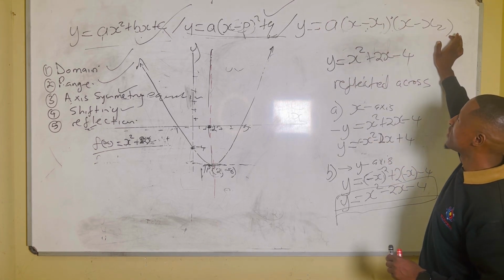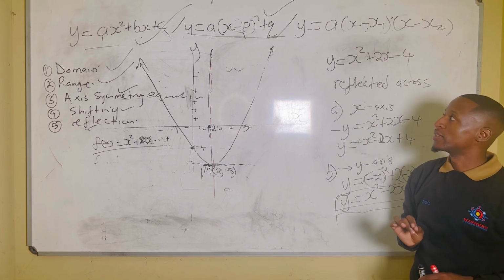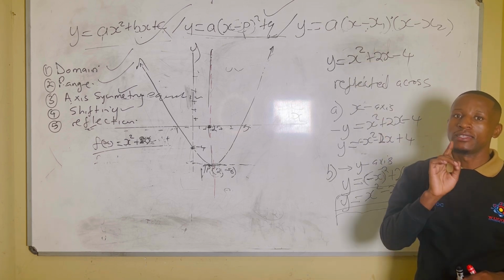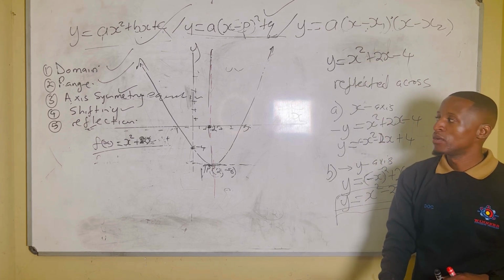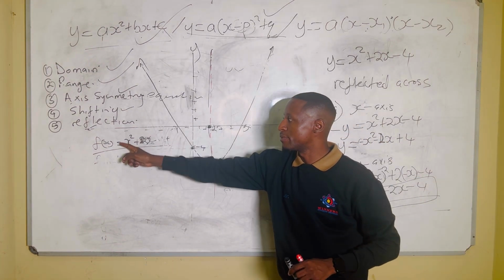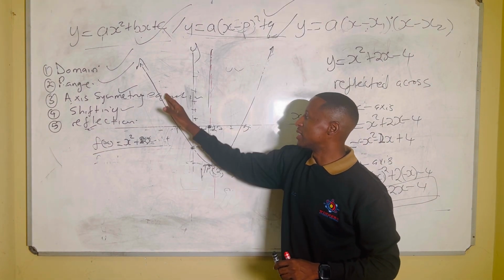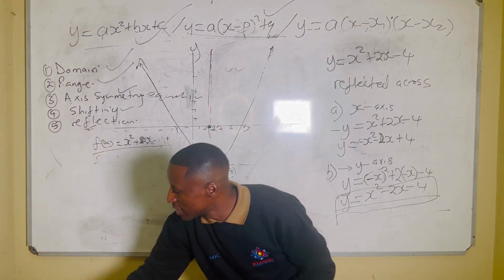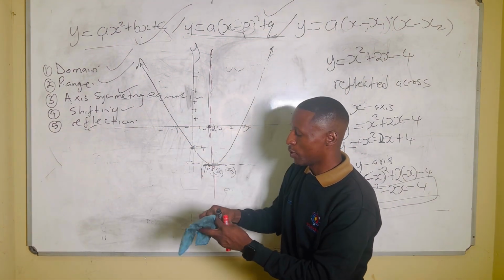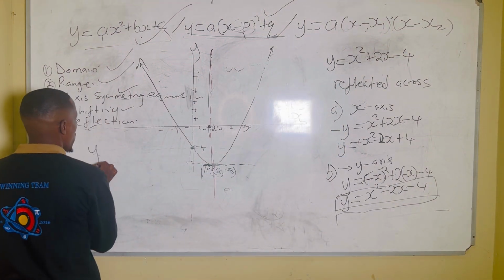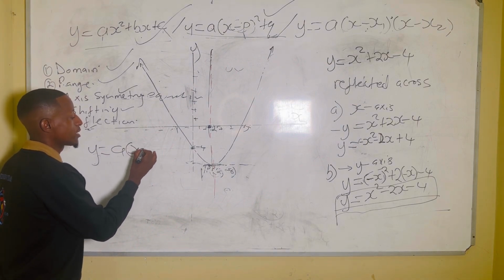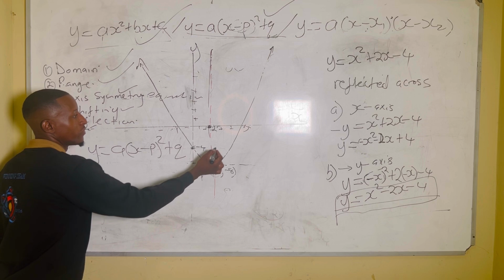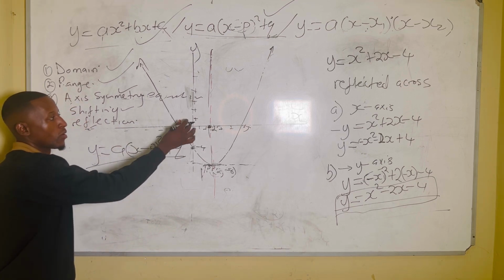In application of this equation, don't forget that you are using it to find the equation of the graph. Because here, remember, this equation was given to you. They can give you this graph drawn for you, and they don't give you this equation. Then they say, find the equation y equals a(x minus p) squared plus q of this graph.